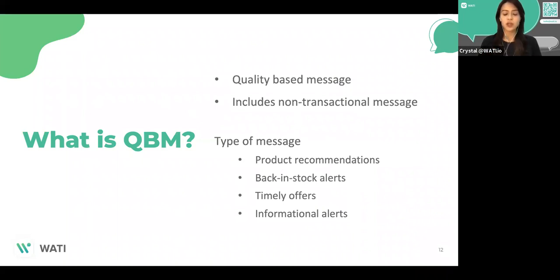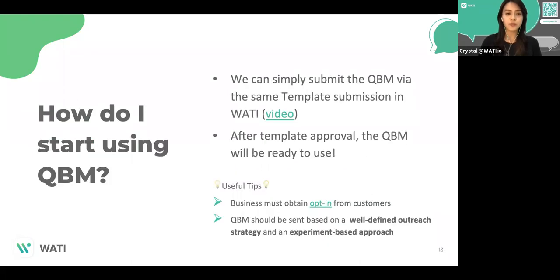For example, you can suggest product recommendations, back-in-store alerts, or even send offers to clients. You can send something like, type this code for 20% off, type this promotional code, etc. So you can send such messages to your customers as a marketing campaign or an even more promotional campaign.